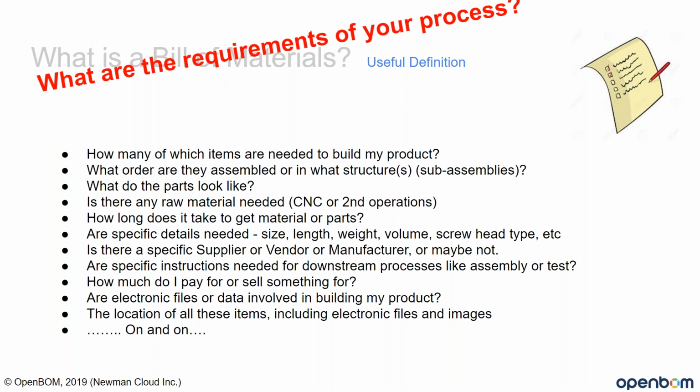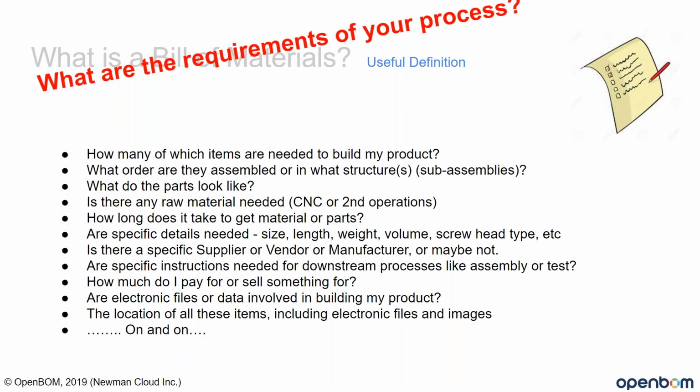And the discussion about what a bill of material is really should come down to what are the requirements of your process, and what's the useful definition. Sure, there's the academic definition of bill of material, but what's our useful definition going to be, and how do we arrive there?